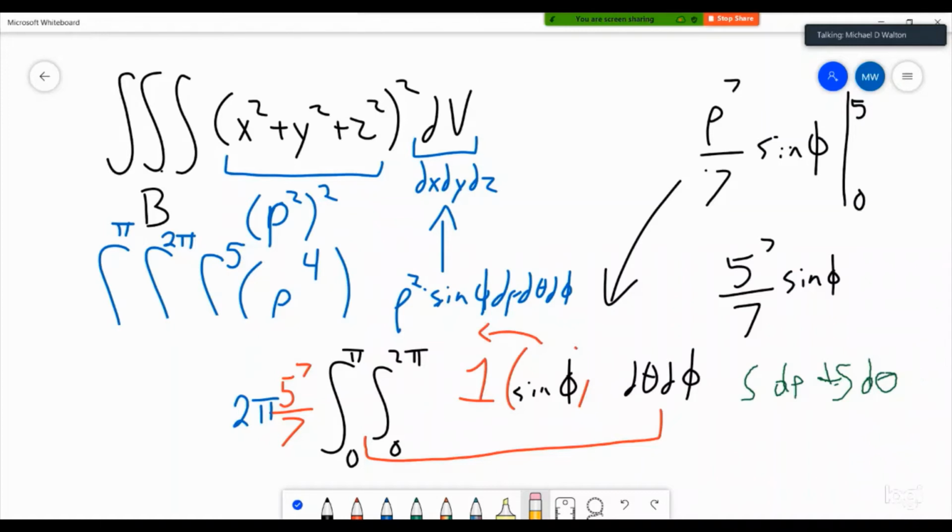So in this situation, because none of the functions have multiple pieces together, we're just multiplying the rho to the 6th times the sine of phi times something in terms of theta. We could have integrated each of these pieces separately and multiplied them together. In general, though, that might not be the case.